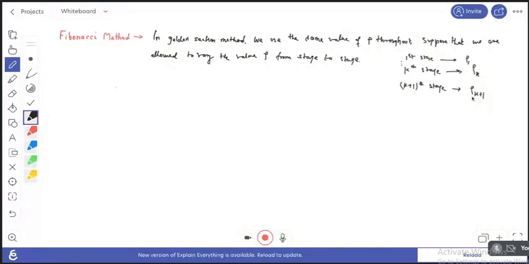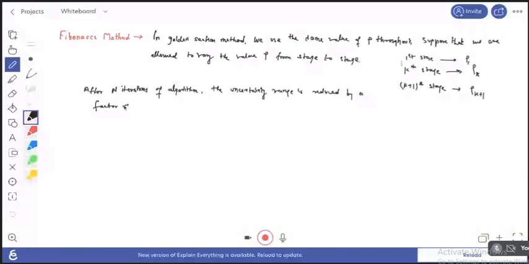So if we use it this way, after n iterations, by what factor is the interval reduced? After n iterations of the algorithm, the uncertainty range is reduced by a factor, and that factor is, in the first step, 1 minus rho 1, in the second step 1 minus rho 2, third step 1 minus rho 3.